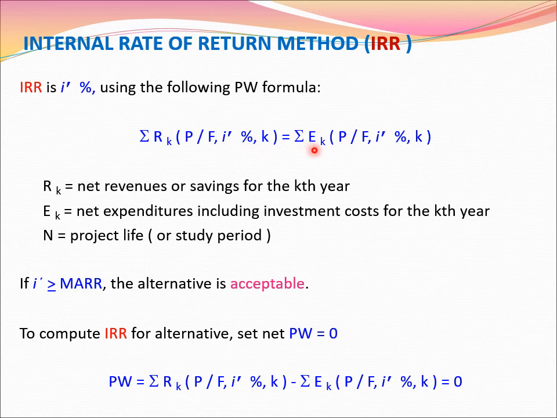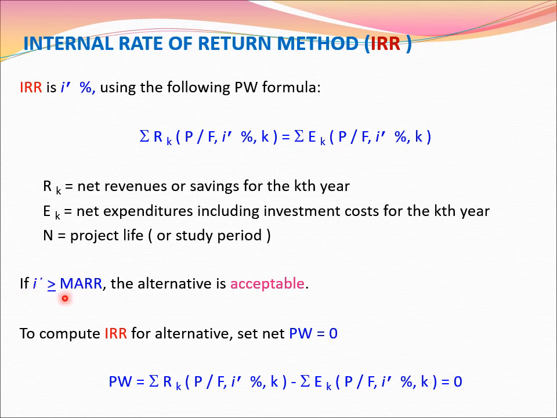And these expenses represent the present worth of all the expenses occurring at time k multiplied by the corresponding factor. When we find this, we solve this equation for this interest rate, i prime. It represents IRR, the internal rate of return.